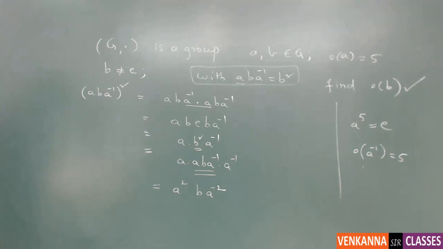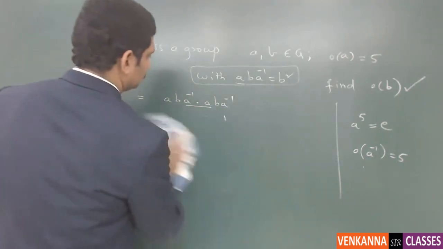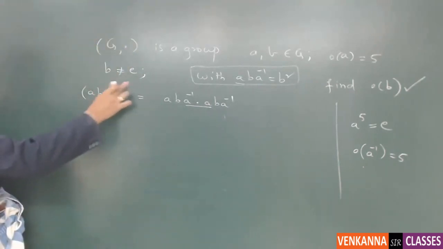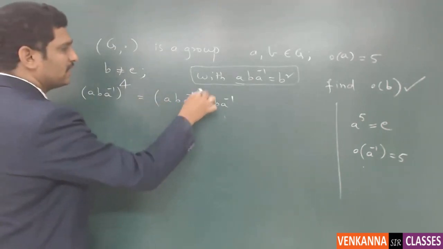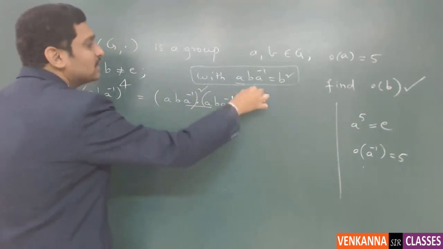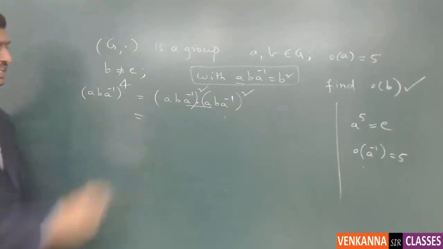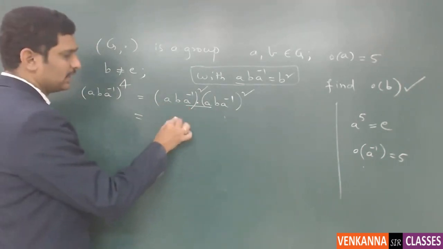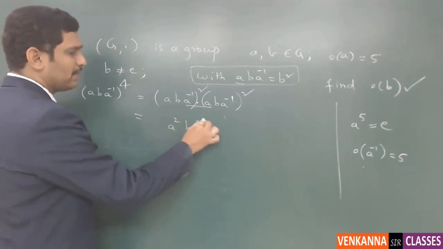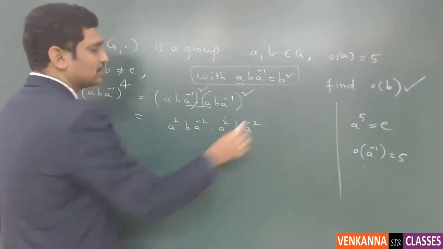Right? Now I am taking the next power, the whole power 4. So this is nothing but A B A inverse whole square into A B A inverse whole square. Just now we have calculated its value. So this is A power 2 B A power minus 2 dot A power 2 B A power minus 2.